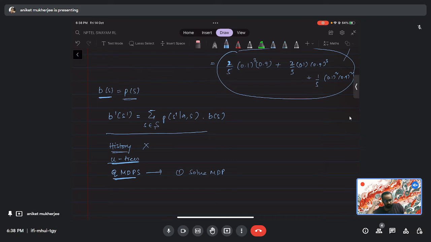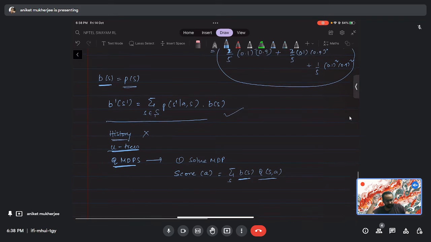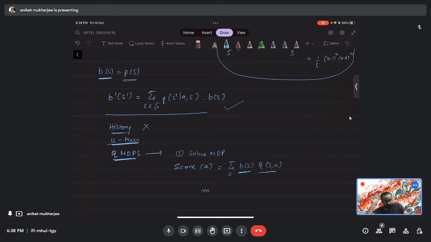So what you do is, you compute a score of action. Then you do a summation over beliefs times all the Q values. This Q is from your MDP that you are solving, and this is the belief that you are updating each and every step using the earlier update. Then you pick the max over the score of actions.